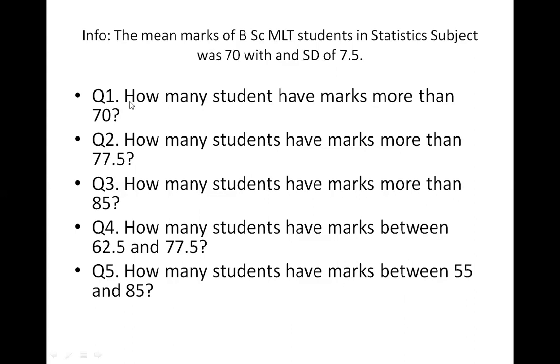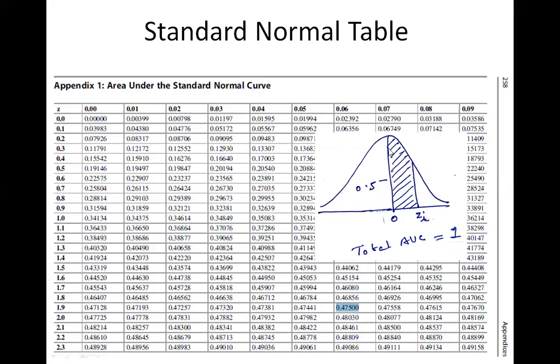So the question is very simple. How many students have marks more than 70? Because 70 is mean, half of the students will be more than 70 and half of the students will be less than 70. This is actually, I can say, common sense. So if such a question is there in your exam, we will go back to that graph. So the mean is 70. Z score of 70 will be 0. So how many students after this 0?